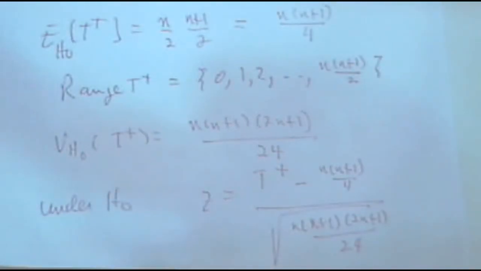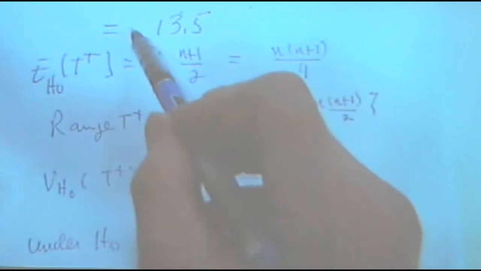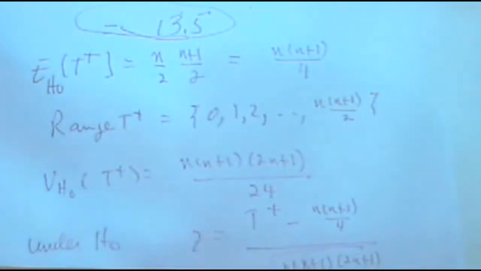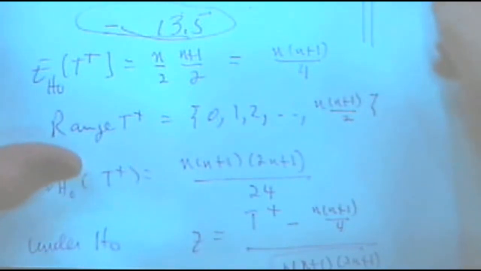In the last couple of minutes we could do the p-value for the example. In the dumb example, T plus is 13.5. I can put down my mean.